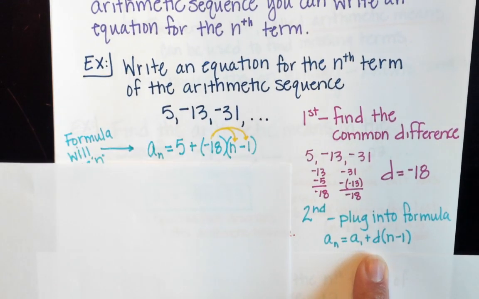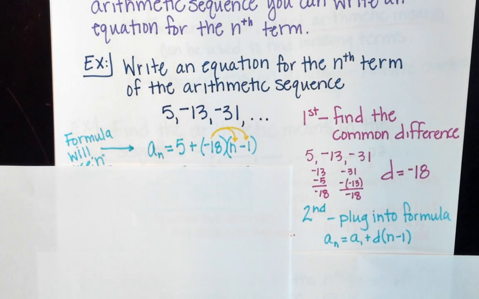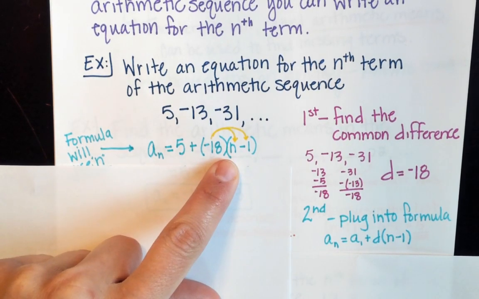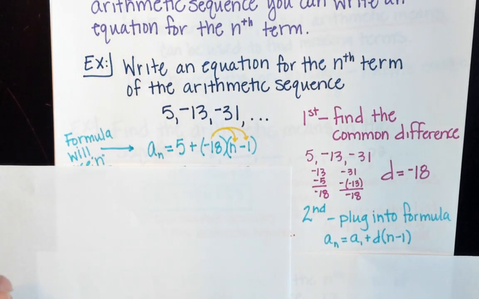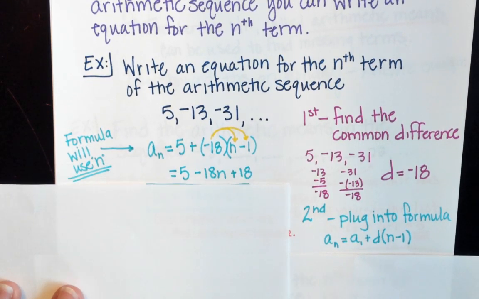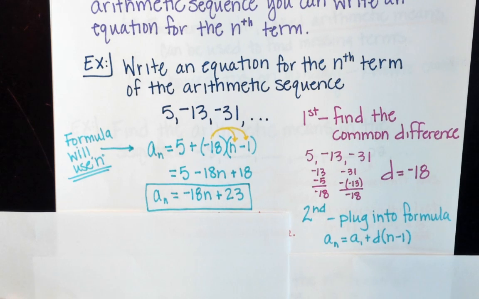So we plug everything into that formula. The idea here is that we're trying to figure out an equation for that nth term, so you're going to have a variable left in our problem. We distribute and we solve.